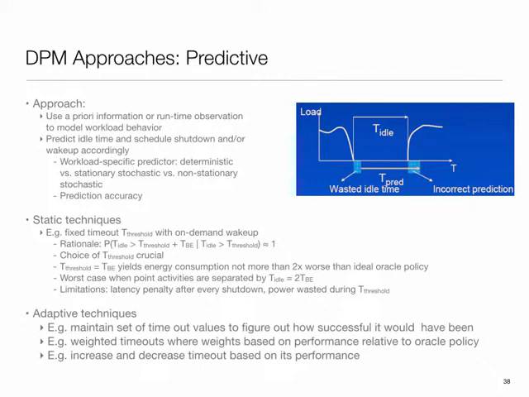So worst case for this will happen when idle times are exactly 2 break-even point, right? So what's happening is I've selected threshold equal to break-even. So as soon as I enter idle, I stay on for break-even time. Then I go to the off state and only to be woken up, so I just sort of met the break-even requirement.